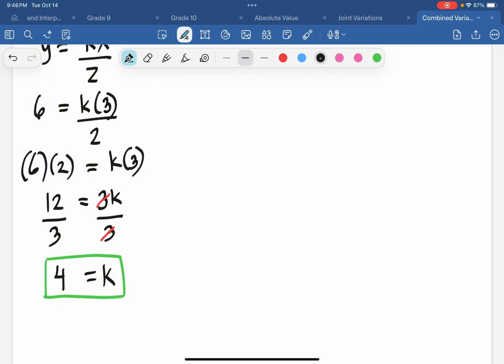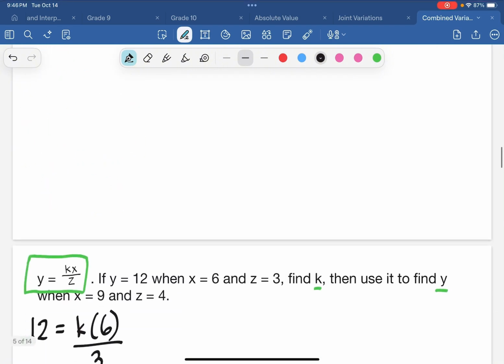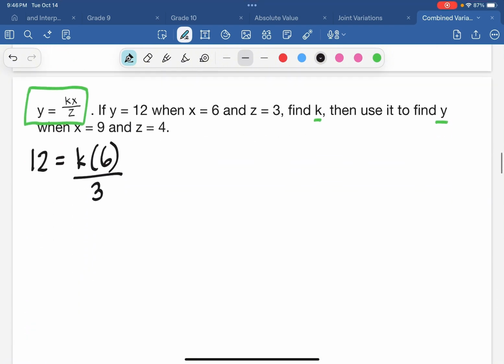So you may have that and then divide it by 3. However, for this one, since you can see that 6 can be divided by 3, you could just do it right away. So it's not really necessary for you to cross multiply 12 and 3. It depends on which one is easy for you. But let's just try to solve for the value of k using different methods.